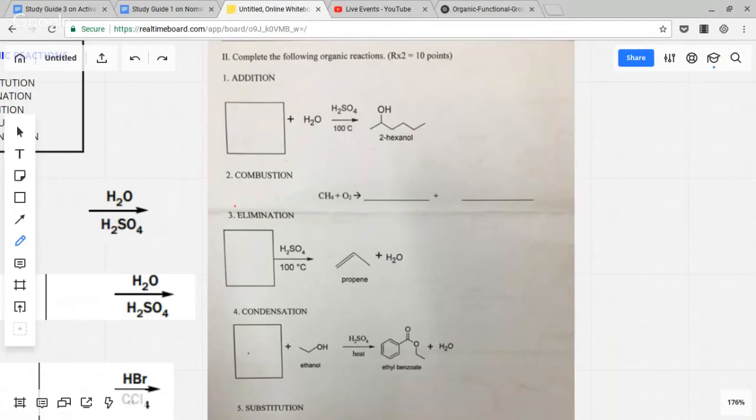Hexanol is your alcohol, and 2 signifies where your OH is placed. So we said that addition is when you add something to your structure. So how can we predict? The answer to this is that you formed 2-hexanol and you added water.